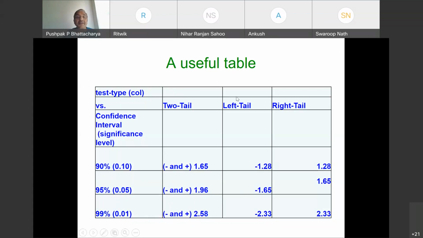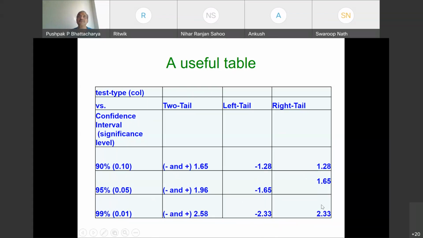Now there are two more tests called the right tail and left tail tests. From minus 1.28 to plus infinity, the area is 90%. Minus 1.65 to plus infinity, the area is 95%. Minus 2.33 to plus infinity, again, the area is 99%.